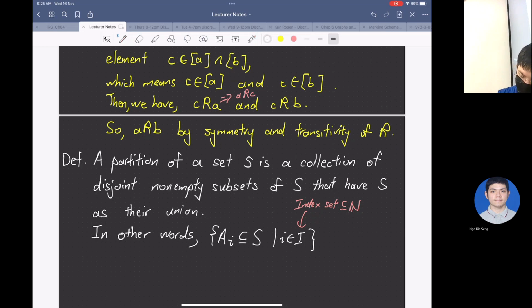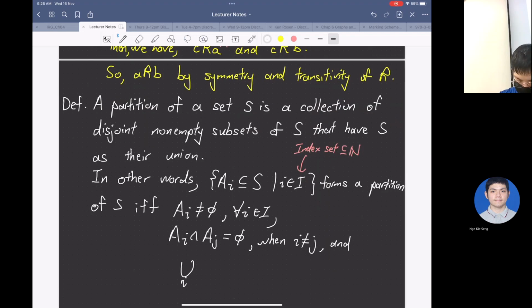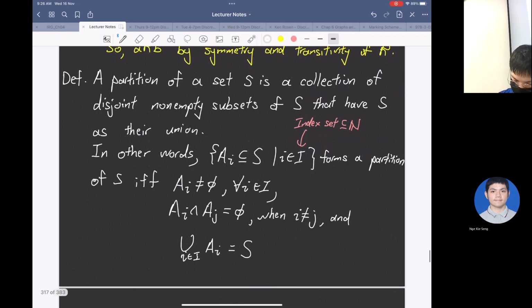The A_i form a partition if and only if each A_i is non-empty, their pairwise intersections are empty, and the union of all the disjoint subsets is the original set X.